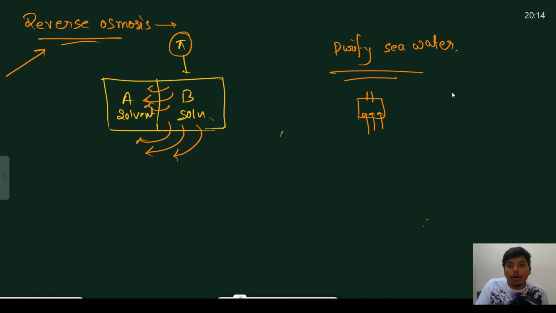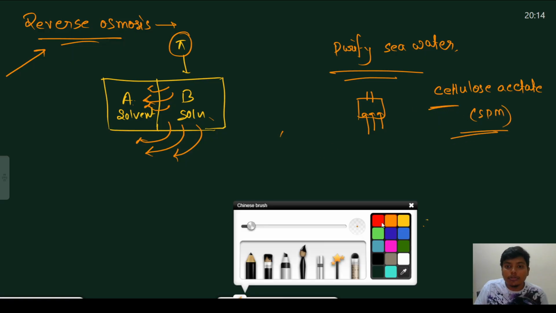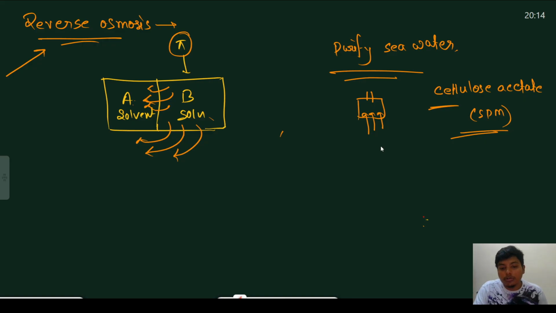For purifying seawater, we use the semi-permeable membrane cellulose acetate. Sometimes they will ask this as an MCQ: the semi-permeable membrane used in reverse osmosis of water is called cellulose acetate. Clear or not?